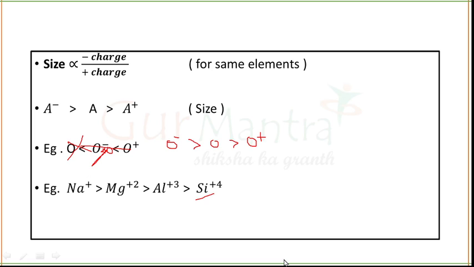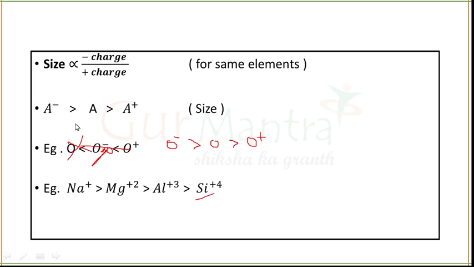Okay. So basically this is the important formula to determine the size. Size is directly proportional to negative charge and inversely proportional to positive charge. As you know, Z effective and size have an inverse relationship. Therefore, the relationship of Z effective with charge is also inverse here in case of size.